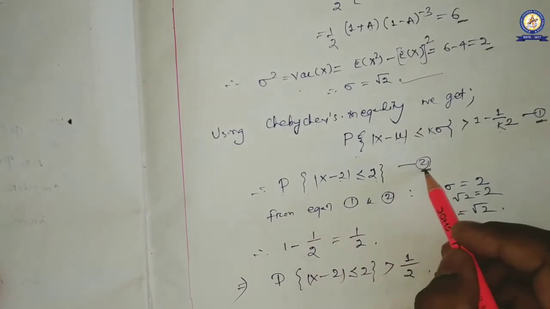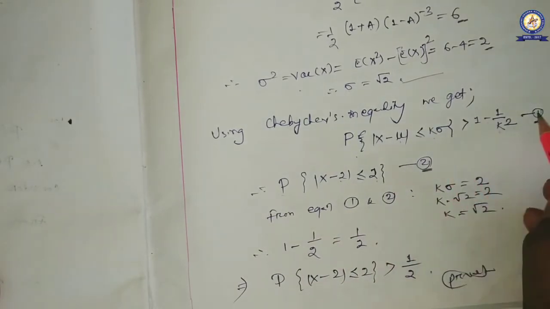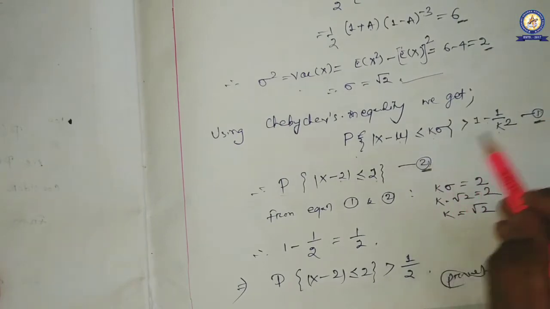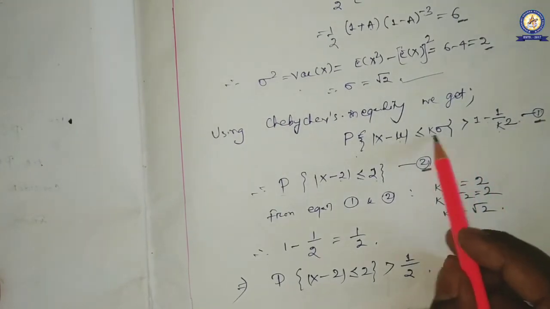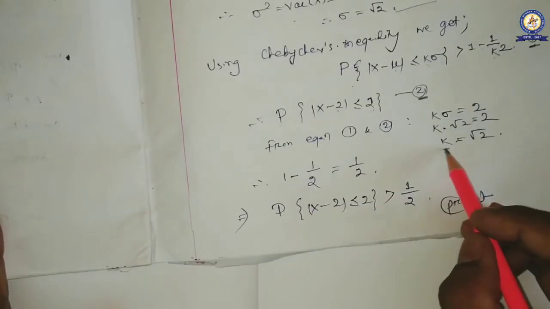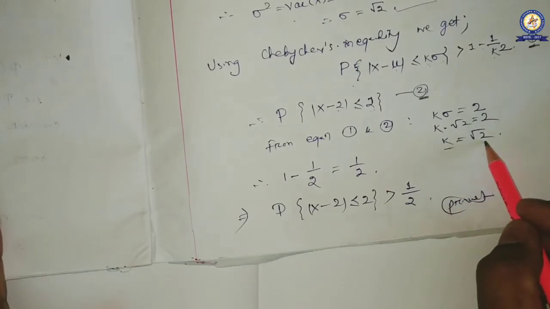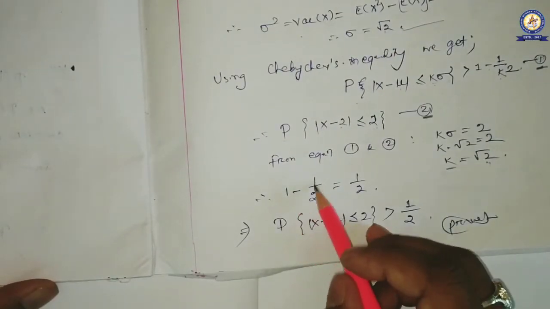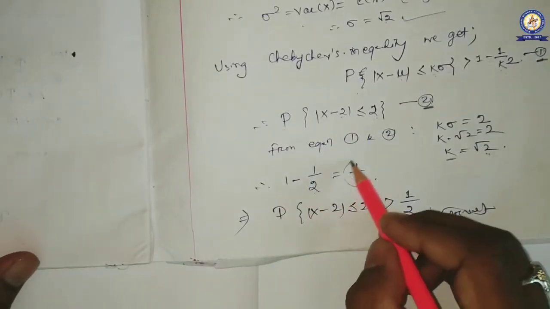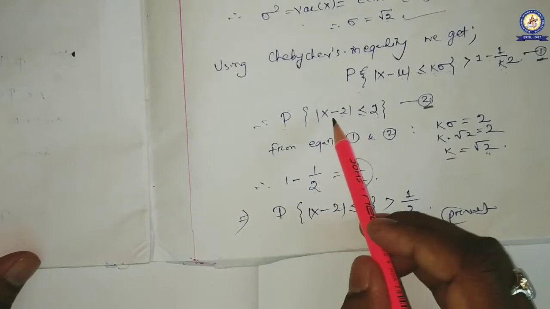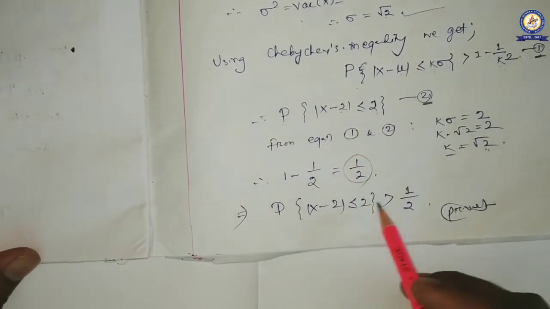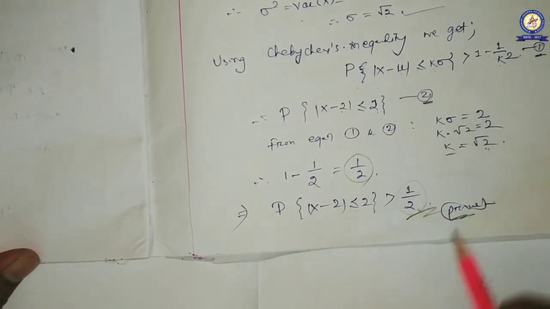Consider this equation number 2. Compare these two equations, we found k sigma equal to 2. So sigma equal to root 2, because we found sigma root 2, so k equal to root 2. Hence 1 minus 1 by k square means 1 minus 1 by 2 equal to 1 by 2. So the probability of mod x minus 2 less than or equal to 2 will be greater than 1 by 2. Hence it has been proved.